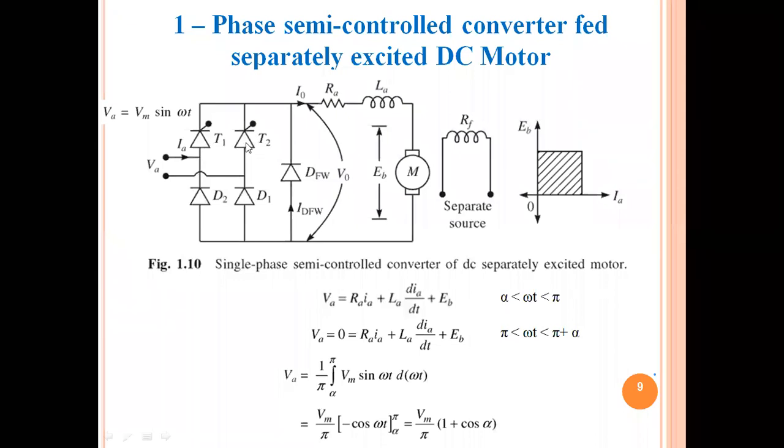Thyristors are power electronic switches, which are controlled switches. But out of four, we are using only two power electronic switches, so half power electronic switches, which means half controlled. You can call a semi-controlled converter a half controlled converter also.